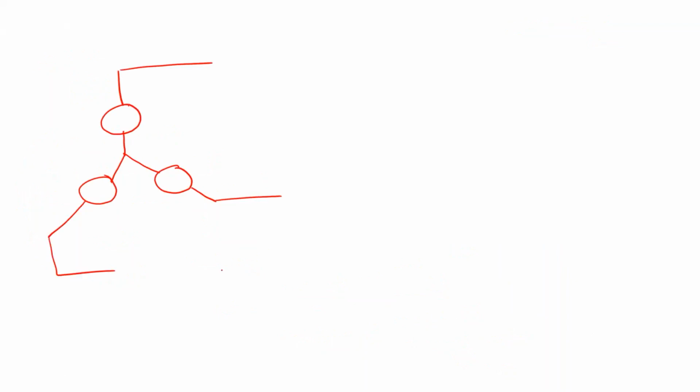So let us assume that we have something like this. Let us assume this is VR, the R phase, this is VY and this is VB.